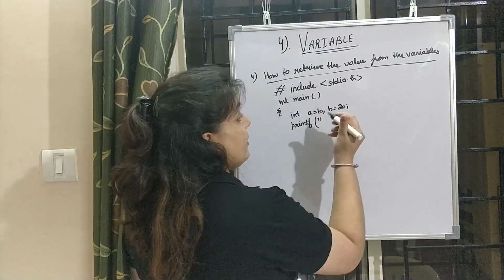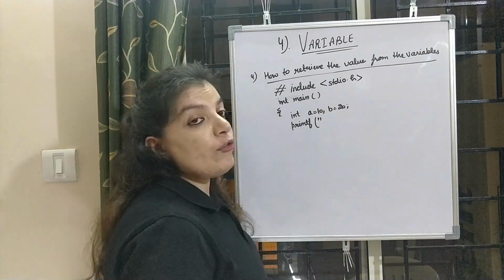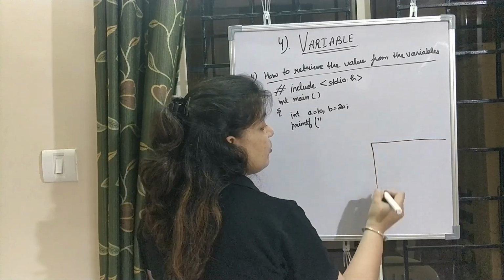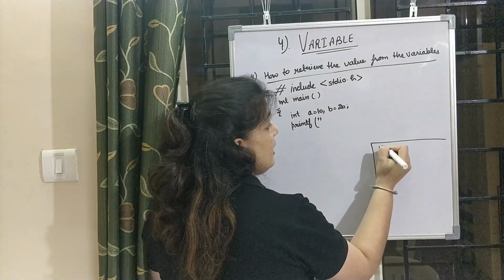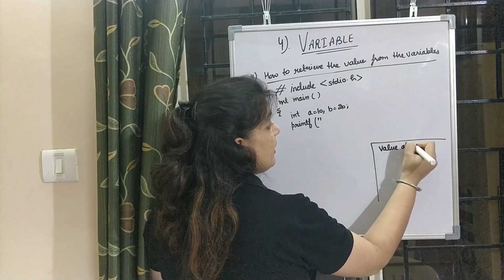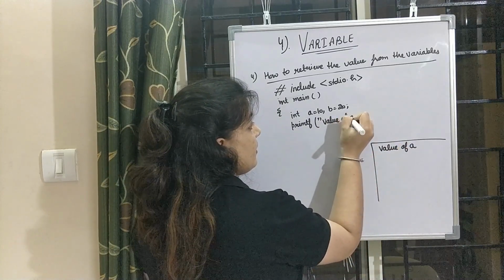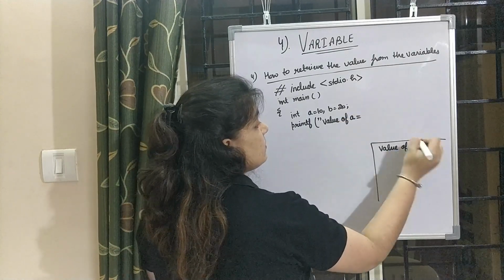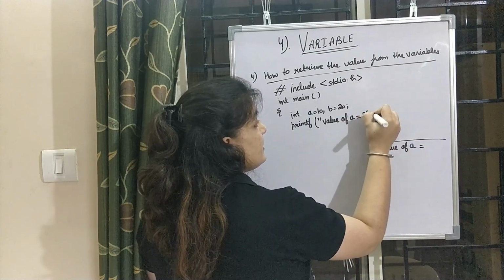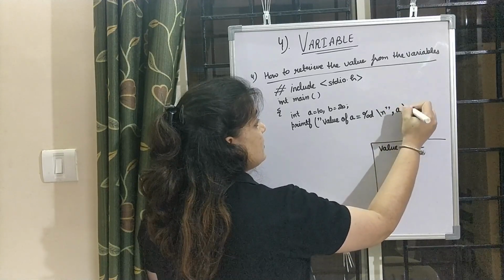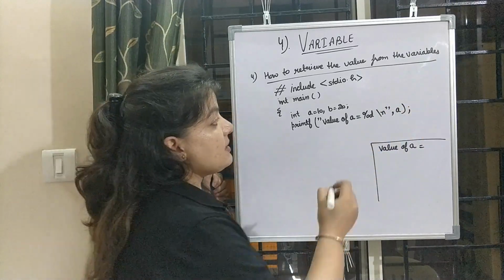So printf, here I want to print the value of a. Whatever you want to see on the output screen, like here I want to see the value of a. So here I will write: value of a is equal to %d\n, and here I will write a. So what is the meaning?